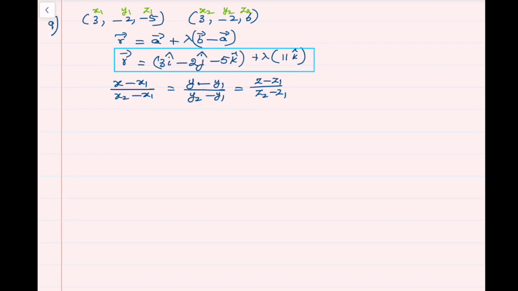Let us substitute. X minus 3 divided by 3 minus 3 is 0 equal to y minus of minus 2, plus 2, divided by 0 equal to z minus of minus 5, plus 5, divided by 11. This is the Cartesian equation of that straight line.